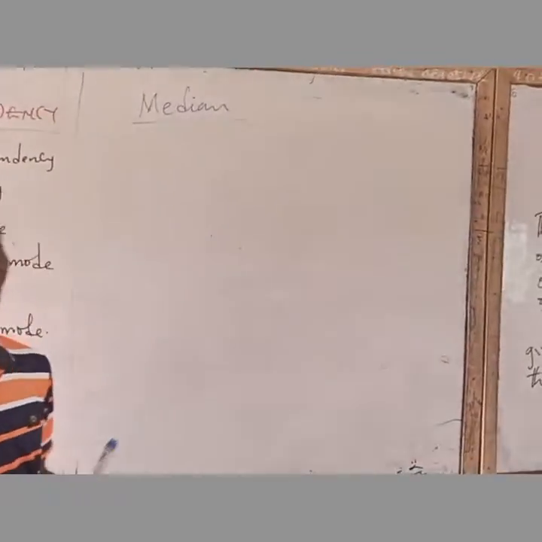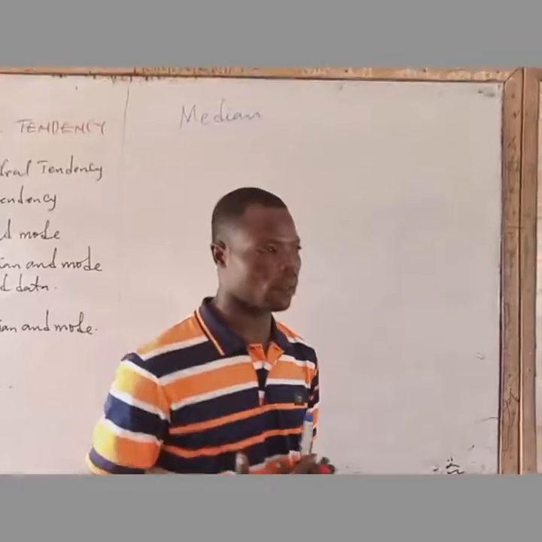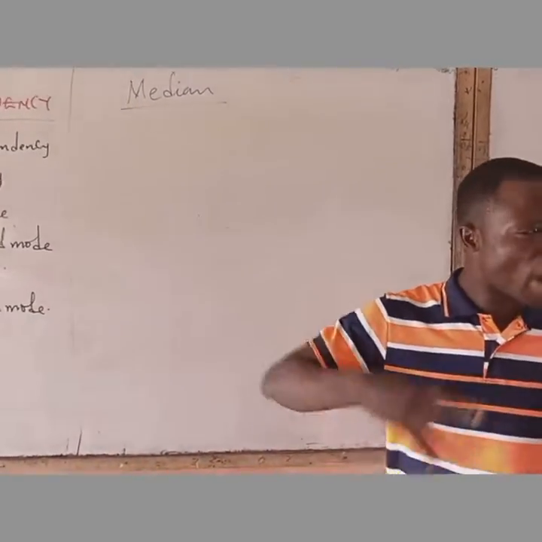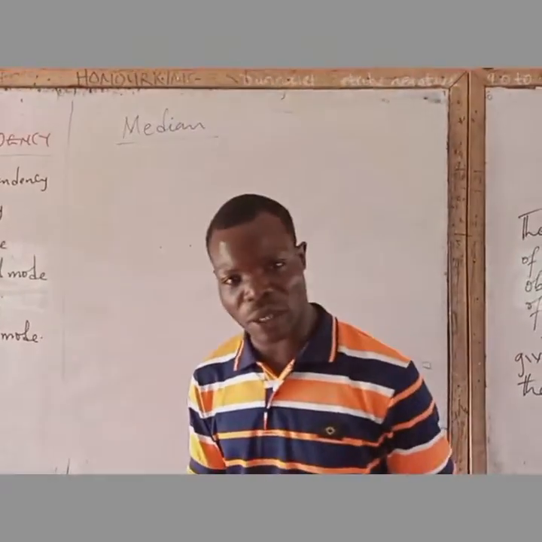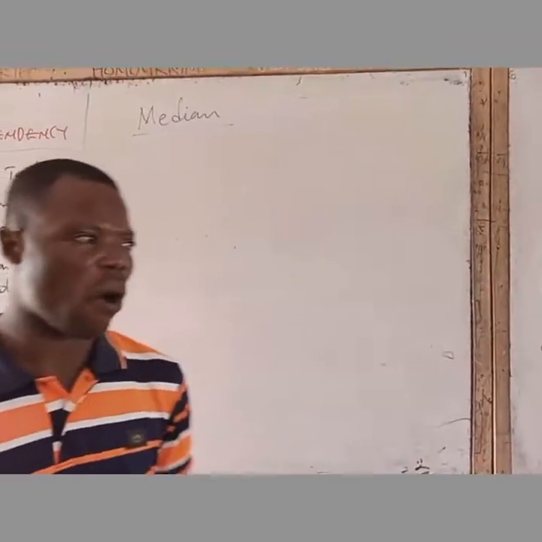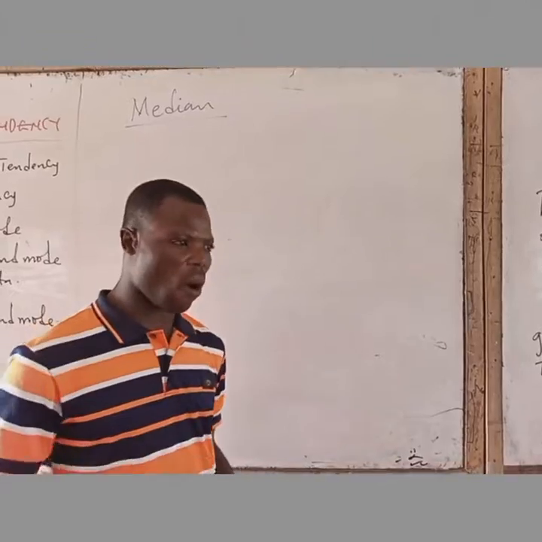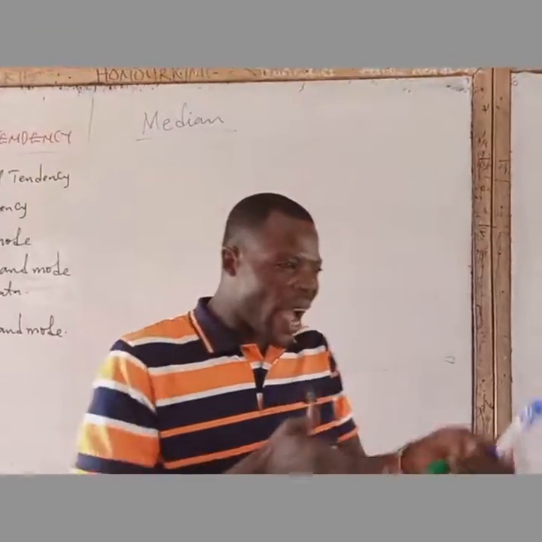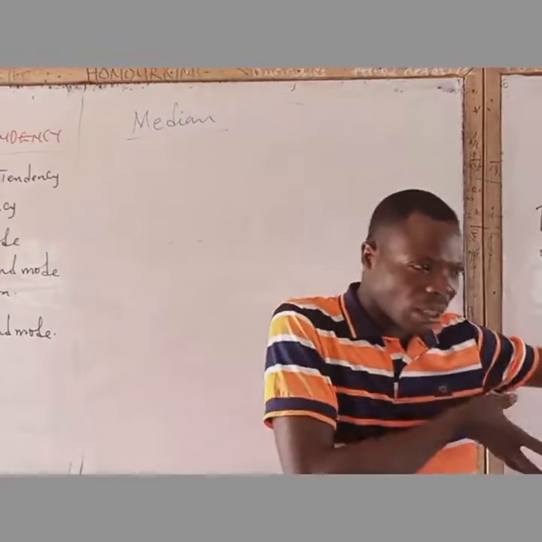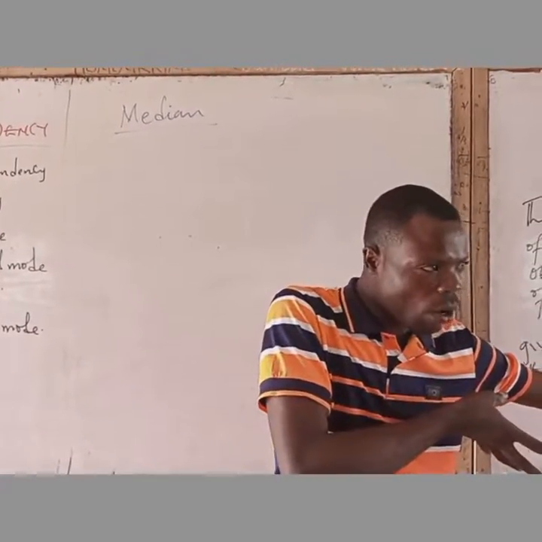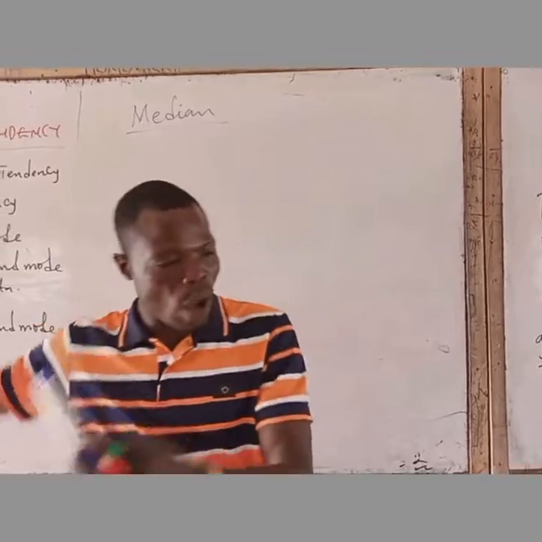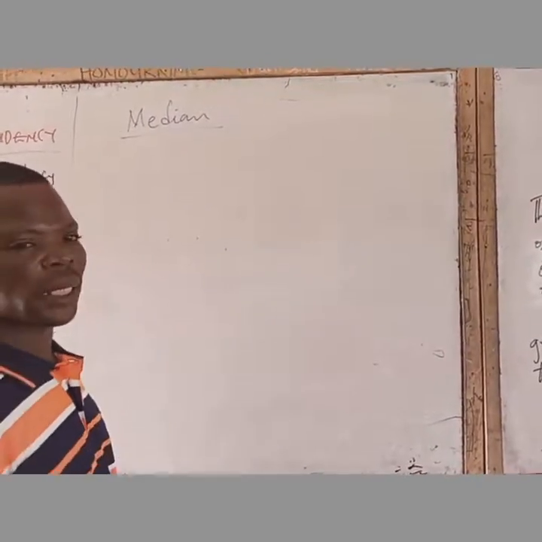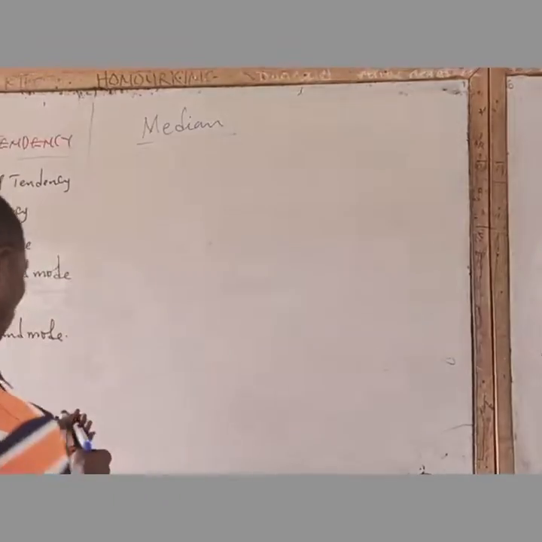When you are given any set of data, then the value at the middle, after arranging in ascending order or descending order, is our median, or that value that divides the higher part of the distribution against the lower part of the distribution is also known as the median.